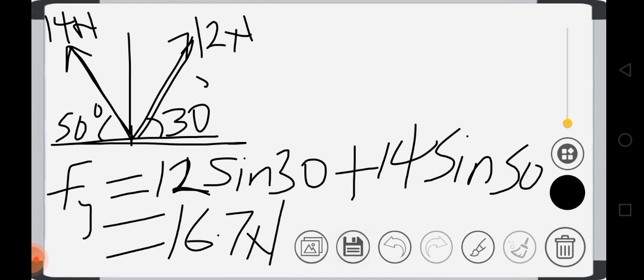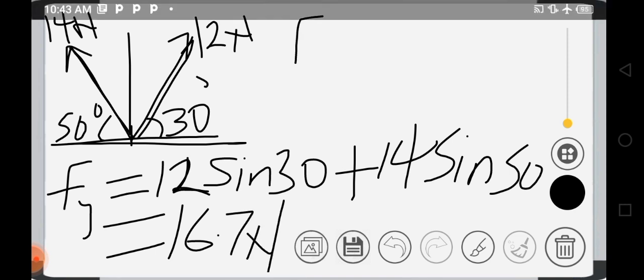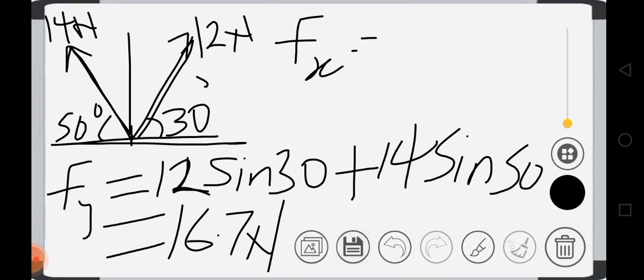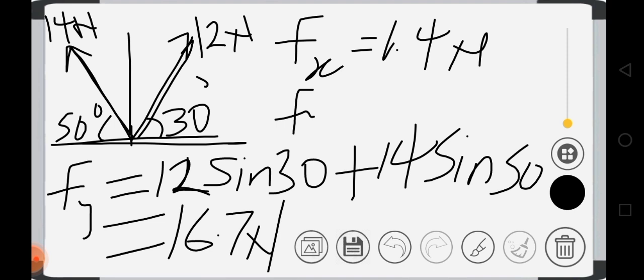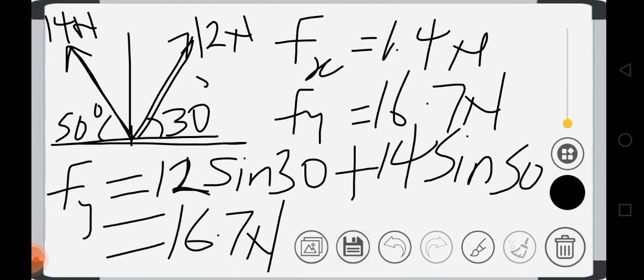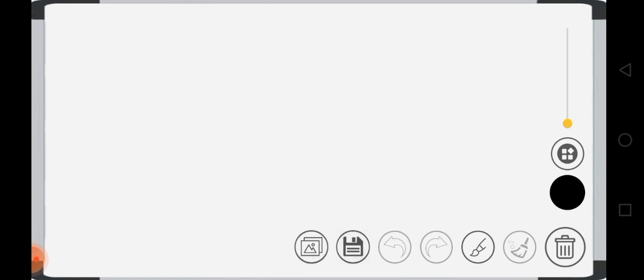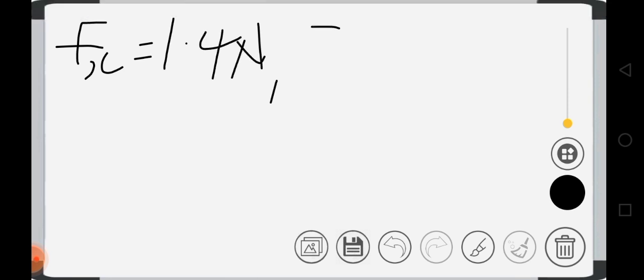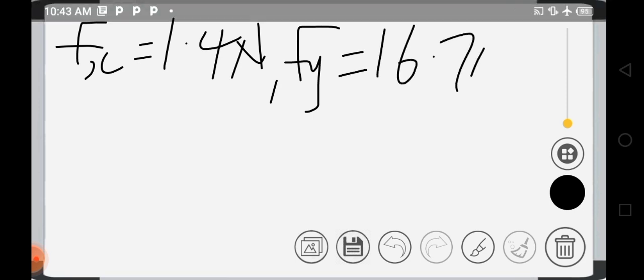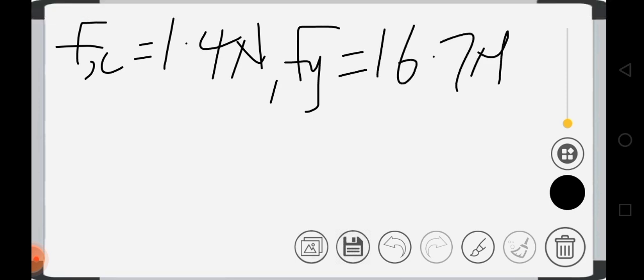newtons. So for the x component we had 1.4 newtons. For the y component we have 16.7 newtons. Now what if you are asked to look for the resultant?